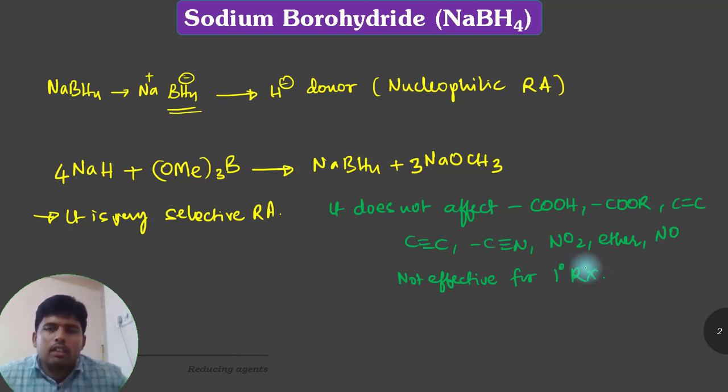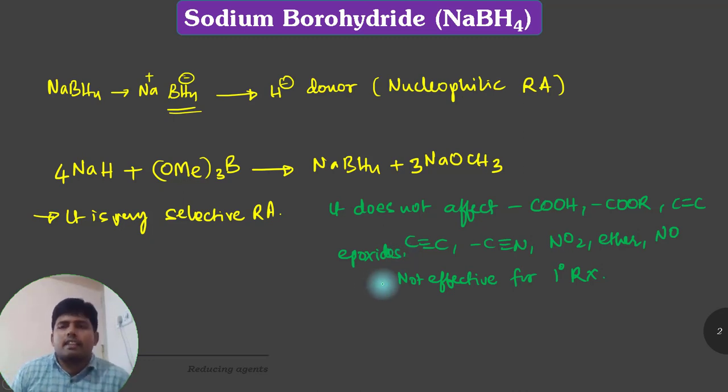These are actually even epoxide. So I can write here epoxide, basically cyclic ether. All these groups are not affected by NaBH4.